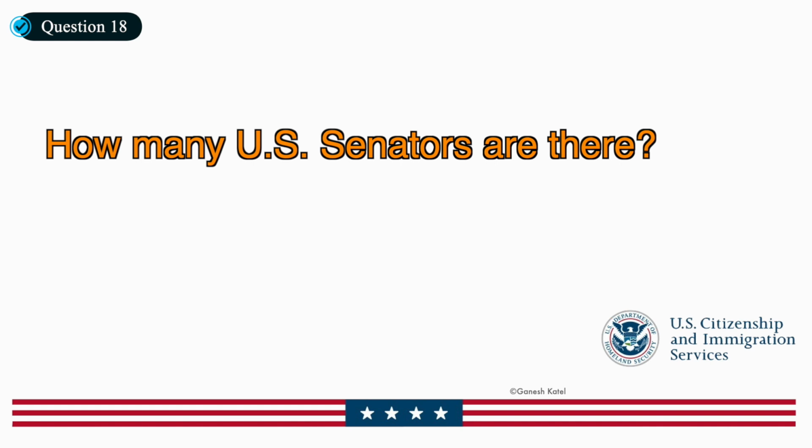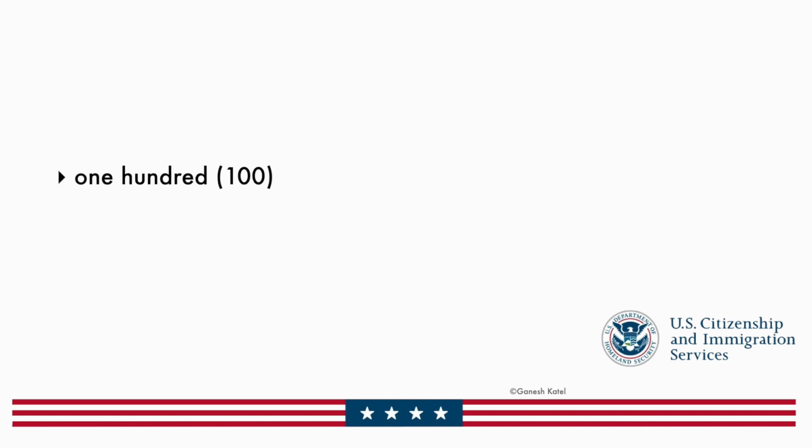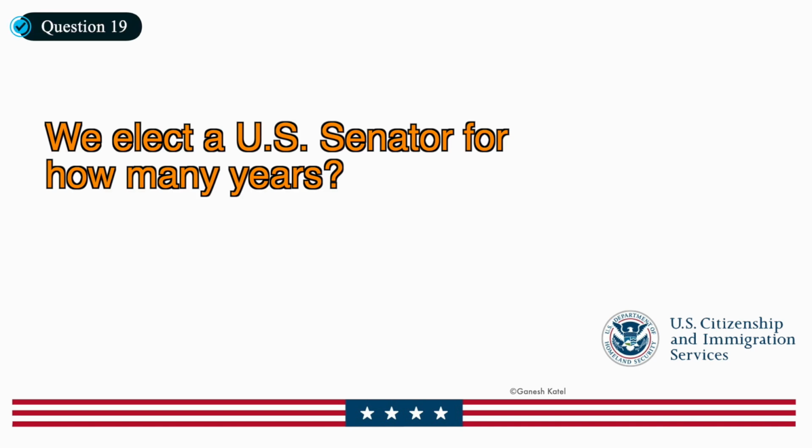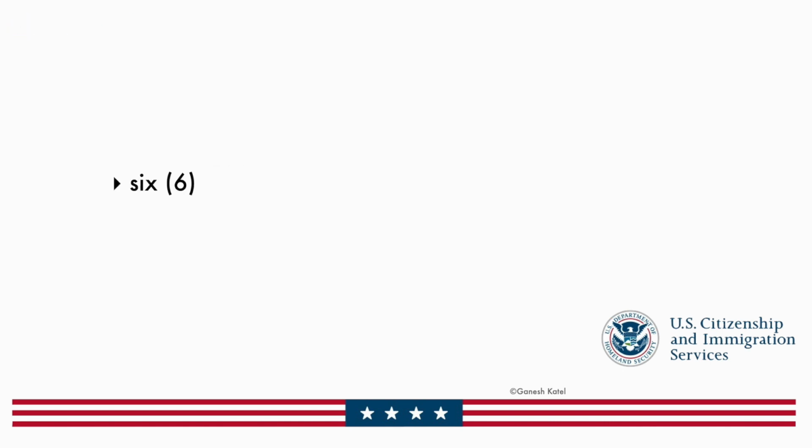How many U.S. senators are there? 100. We elect a U.S. senator for how many years? 6.